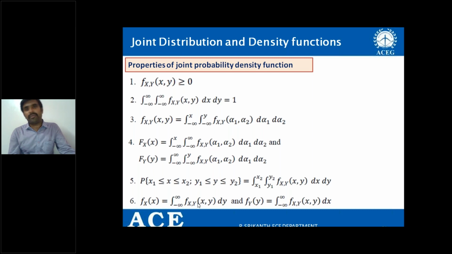The fourth property is that you can derive the marginal distribution functions from the density function. The fifth property is that you can find the joint probability by knowing the joint density function. The sixth property is that you can derive the marginal density functions from the joint density function.